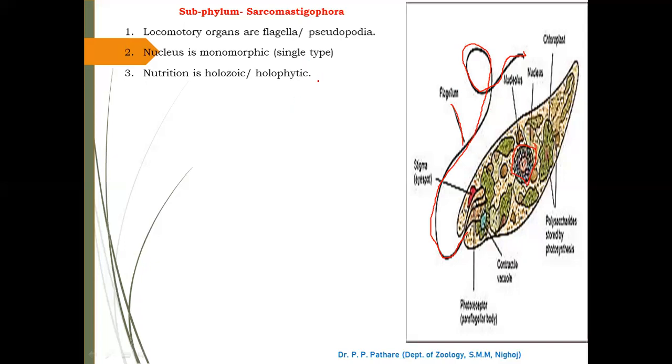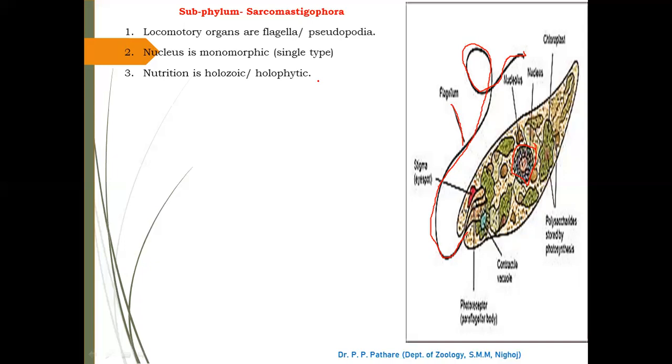Holozoic means they show ingestion, assimilation, then digestion process, and holophytic means they show nutrition like a plant, means they are able to produce their own food material by using the photosynthesis process, that is called holophytic.